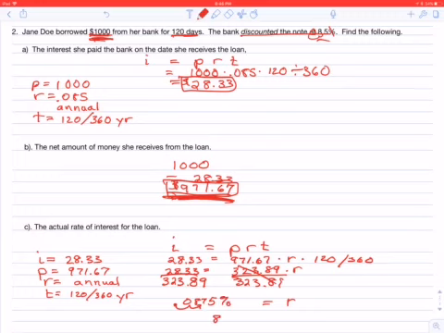So the actual rate of interest, 8.75%. So they advertised 8.5% on the $1,000 she requested. But what she's actually paying is 8.75%, so it's higher on what she actually received.